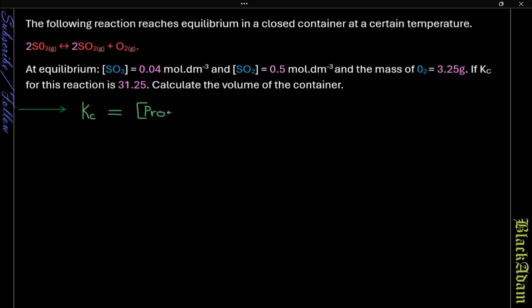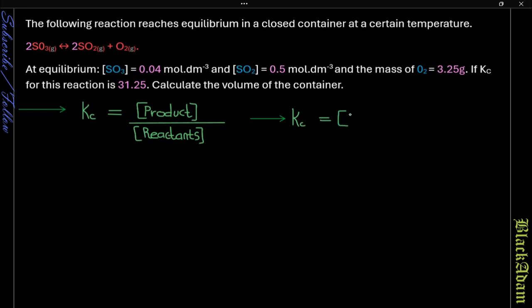So we have Kc there, which is the concentration of the product over the concentration of the reactant. And then Kc will be, the concentration of the product is sulfur dioxide and oxygen.